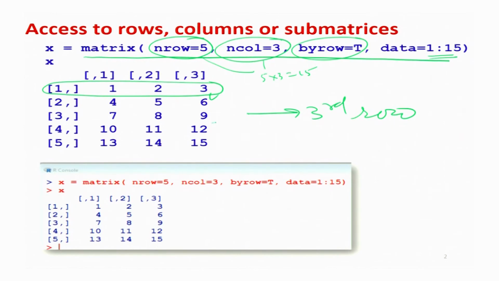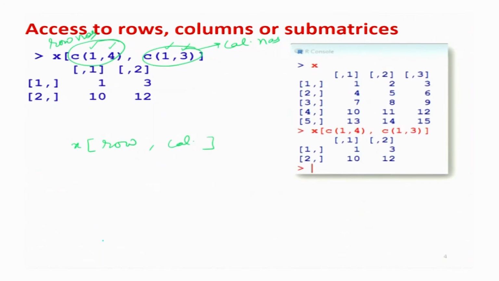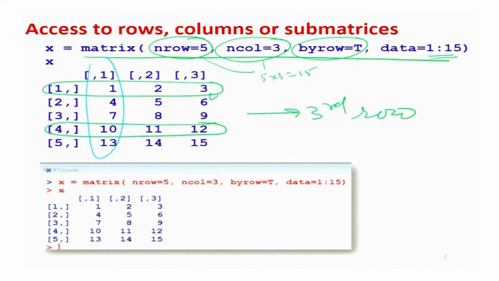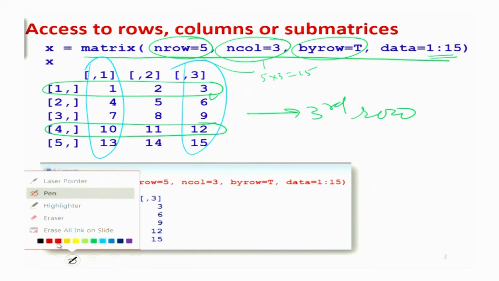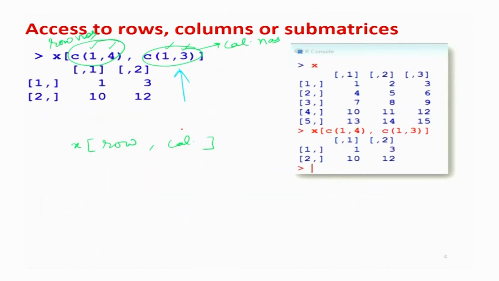You can see this is your fourth row, and now which columns have you taken? 1 and 3. So you take column number 1 and column number 3. And now you see the elements at their intersection: 1, 3, 10 and 12, and you can verify, are they coming here? Yes, they are coming here like this. So this is how you can access any part of the matrix by these operations.